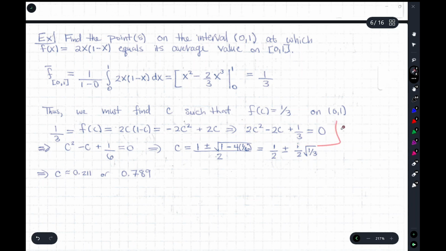Now it's a quadratic equation, so you'll use the quadratic formula, and you'll end up with these possible solutions: 0.211 or 0.789. And so that's how we could use both the mean value theorem and the concept of finding average values. And we have just learned yet another application of integration.